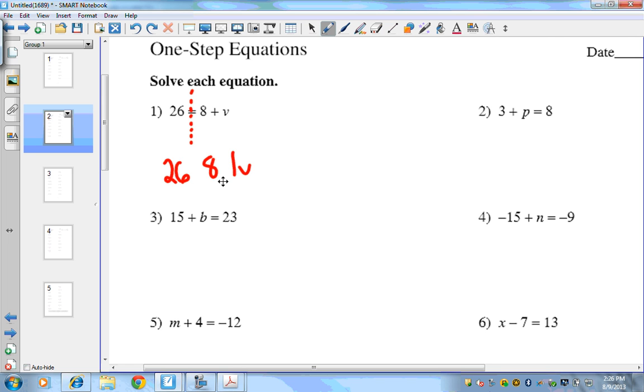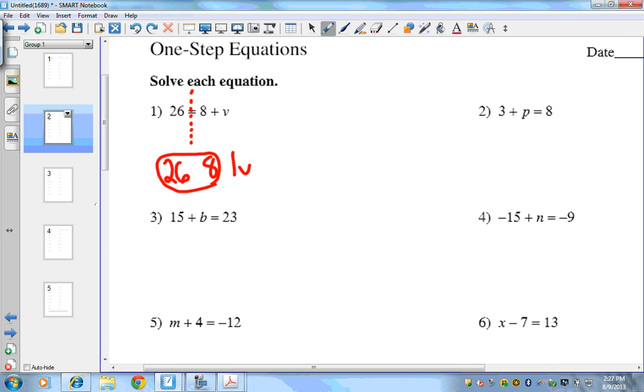Notice that the 26 and 8 do not have letters. When we are trying to combine like terms, meaning take numbers and add or subtract them together, or maybe even divide or multiply, we always have to deal with numbers that have no letters attached to them. So like this 26 and this 8, I can group these together, but I won't be able to group this together because it has a letter attached to it.